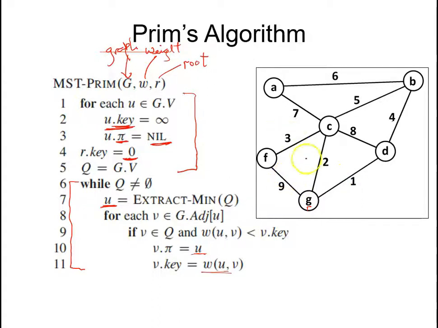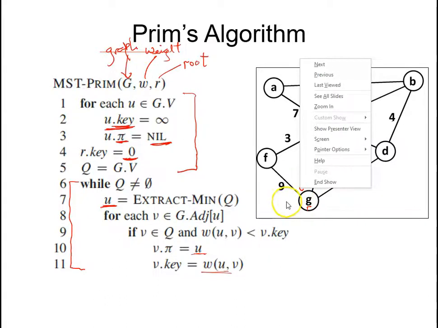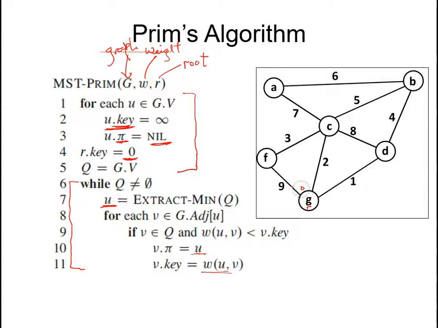So what I'm going to do is, at the top left of a vertex, I am going to put what its key value is, okay? Well, the key value for G would be 0 at this point. At this point, the key value for F would be infinite, okay?